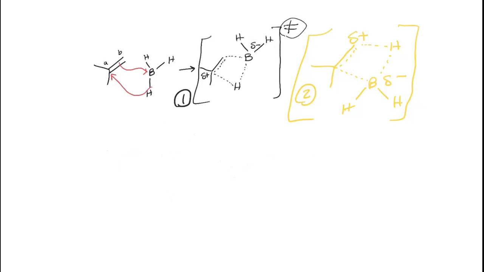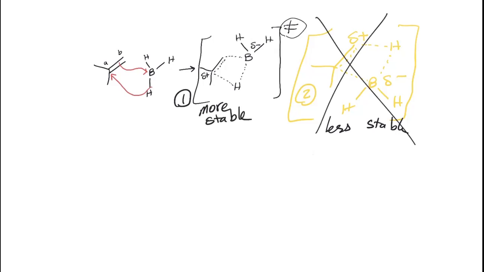Okay, in the next step, when this transition state forms, this one is less stable, and this one is more stable. So we don't want the less stable one. And then the transition state becomes this molecule.